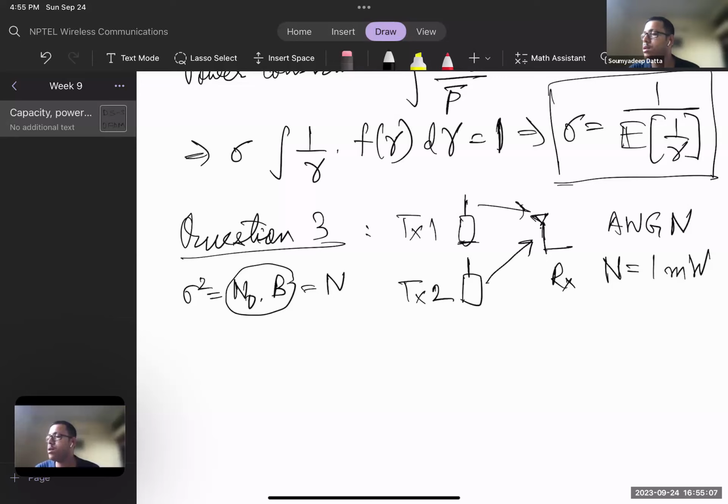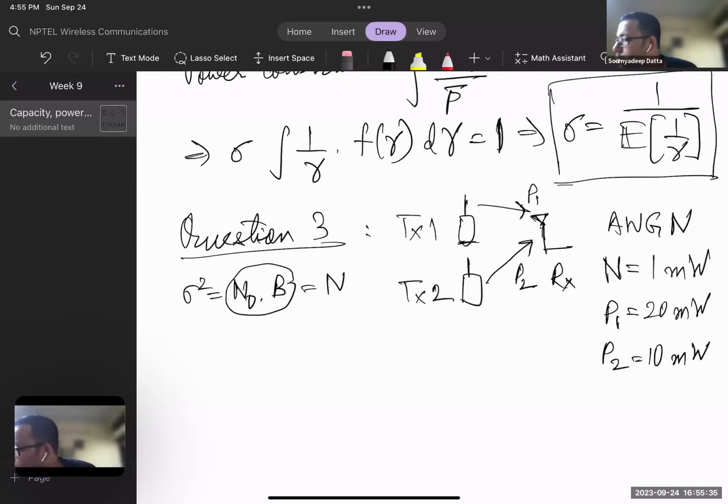For user 1 the received power is P1, and for user 2 it is P2. Let's say P1 is 20 milliwatt, P2 is 10 milliwatt, and the channel bandwidth is 20 megahertz, a typical LTE value.